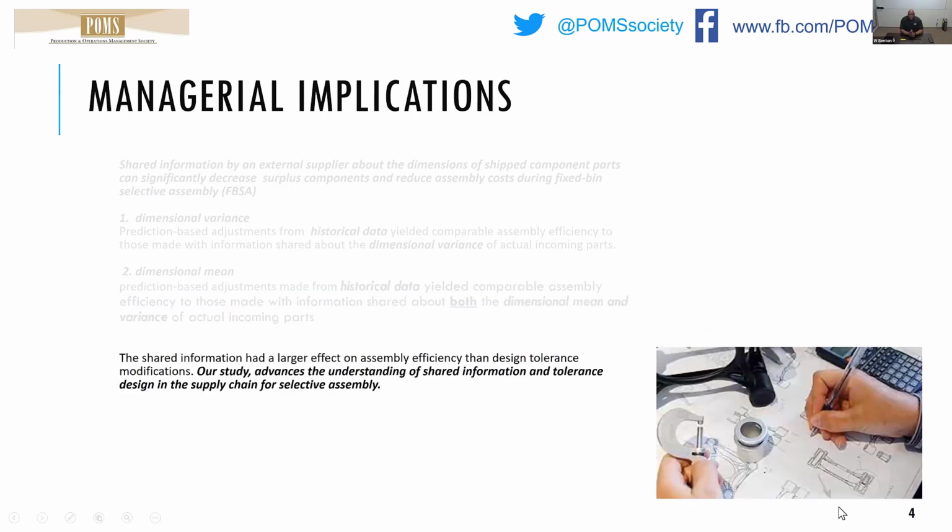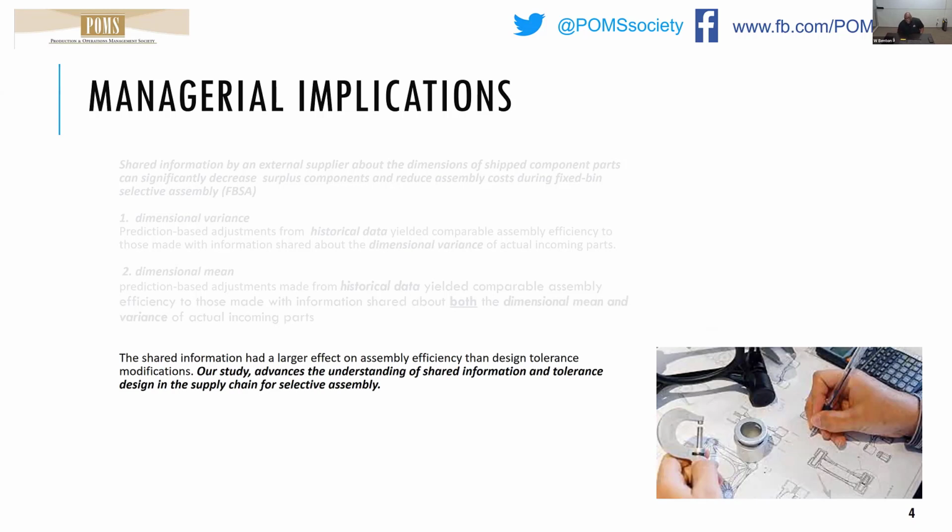The shared information had a larger effect on the assembly efficiency than design tolerance modification. Of course, if things are not fitting properly, we have to change the process and design for modification. But if we can get shared information, we are able to reduce the cost of the tolerance modification.